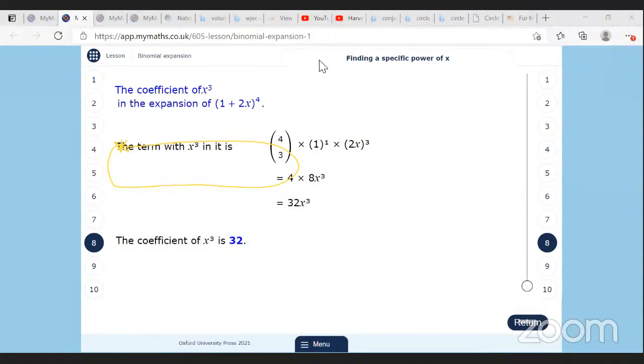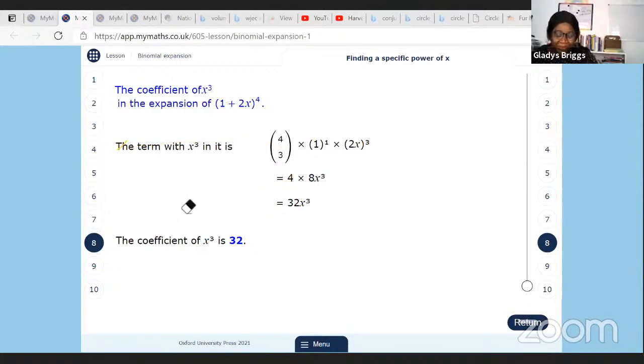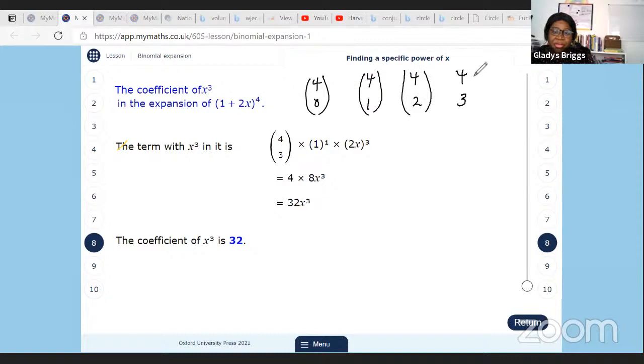What happened there? So you have 1 plus 2x to the power of 4, and you want the x cubed term, yeah? So what you should have is 4 choose 0, 4 choose 1, 4 choose 2, and 4 choose 3.